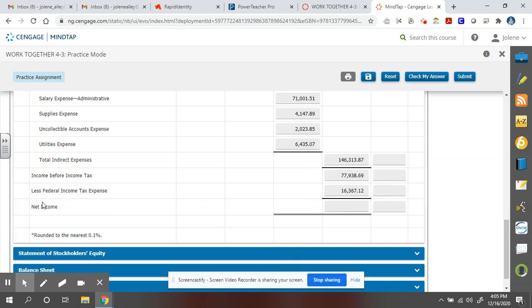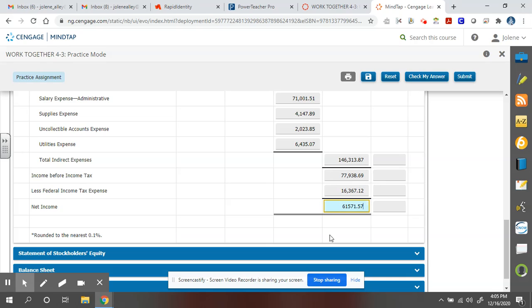Now, it says net income. So you're going to subtract these. I got 61,571.57.